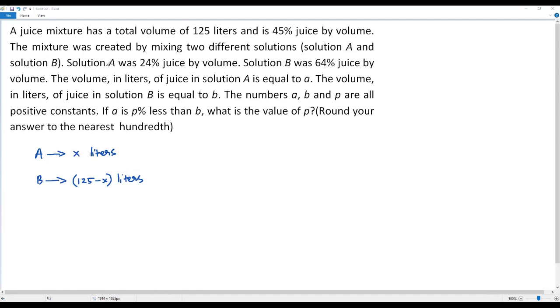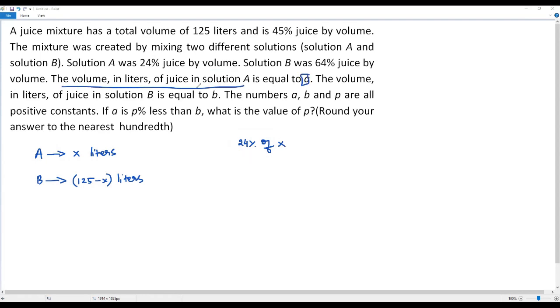Also there is the information that solution A was 24% juice by volume. That is, in this X liters of solution A, 24% is juice. To find the number of liters of juice in this X liters of solution A, we calculate 24% of X. Let me write it over here, 24% of X. So this expression represents the number of liters of juice in solution A, which is given by lowercase a.